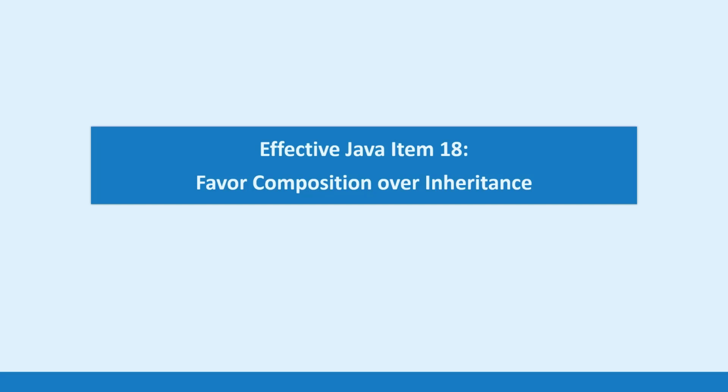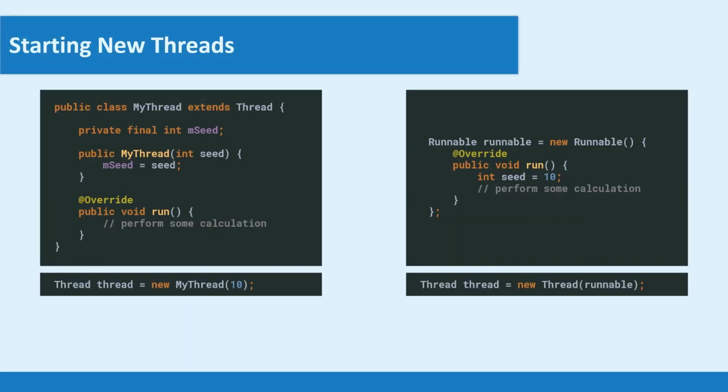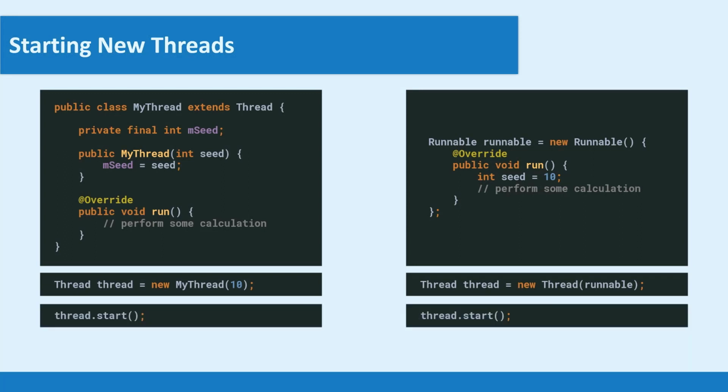Now keep in mind that an instantiated thread object doesn't mean that you started a new task. In order to start a new thread, you need to execute the start command. So basically, regardless of how you instantiate your threads, you then need to call the start method on your newly instantiated thread to make it actually run.